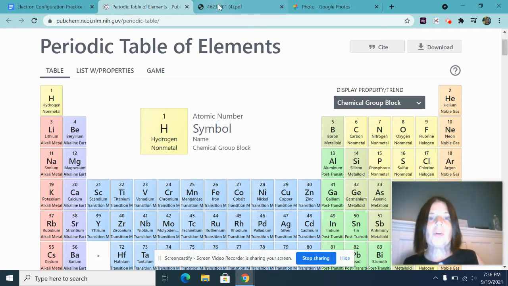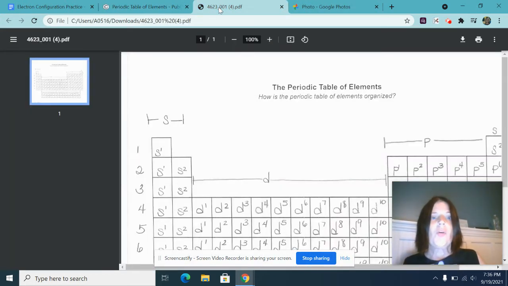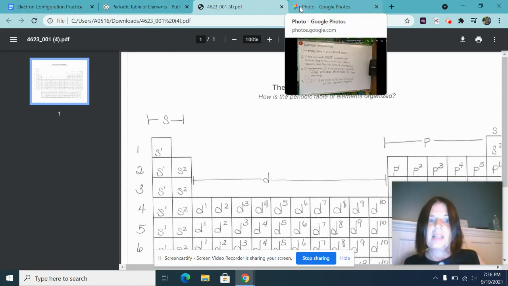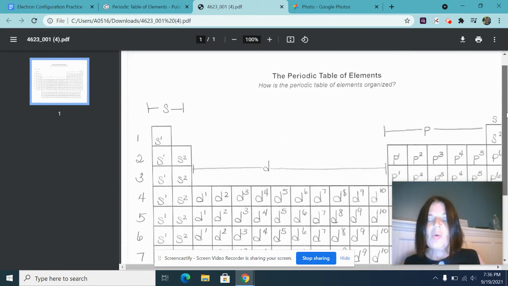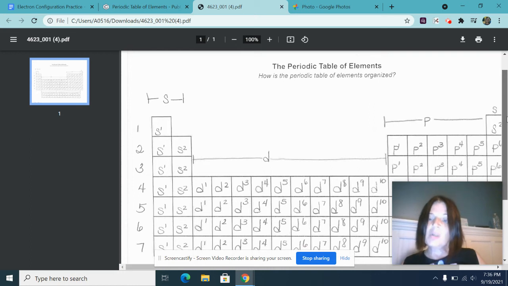So if we look at our rules for how to use the periodic table that we set up last week, we can see that there are four different locations where the electrons could potentially exist within an atom.